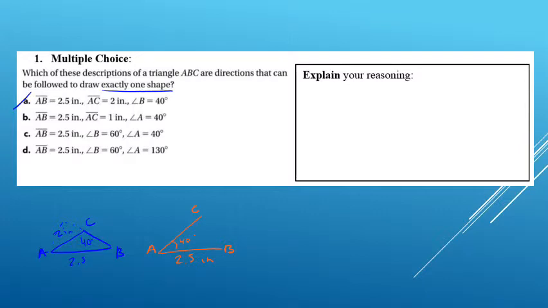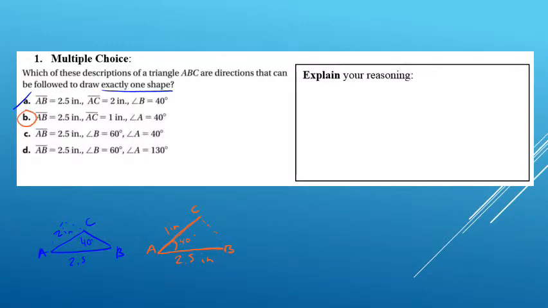Again, I know my drawing's not quite to scale, but thinking about what we did in class today, if I draw those side lengths to scale, the side, the angle, and the side, then that can only produce one triangle because there's only going to be one other side length that could fit right here between C and B. So B will produce one unique triangle.